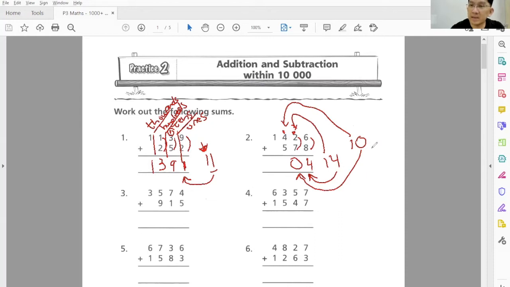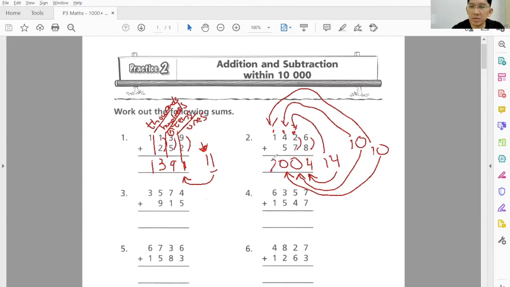There is a 10. Okay, so 0 goes here and the 1 goes here. Okay, so 0 and 1. Okay, now, well, 1 plus nothing here is 1, but we already have 1 on top earlier. So 1 plus 1 is 2.